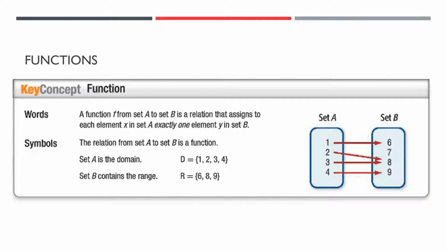So one big thing about functions that you need to know here is these values can only have one option. Now, suppose number 1 also mapped to 7. If it mapped to 6 and to 7, this would not be a function. Okay? In order to understand functions, you must realize that a function is only possible if it maps to one number and only one number.